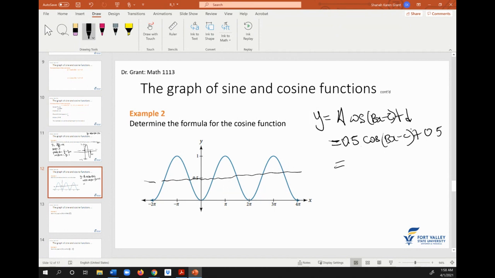Well, let's see, b divided by c. Really, one way to find it, b times x minus c equals 0. Well, yeah, b divided by c.